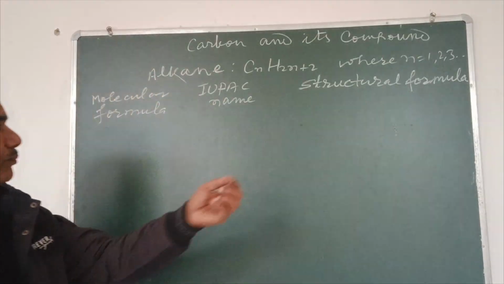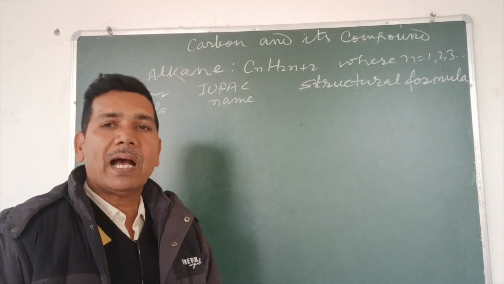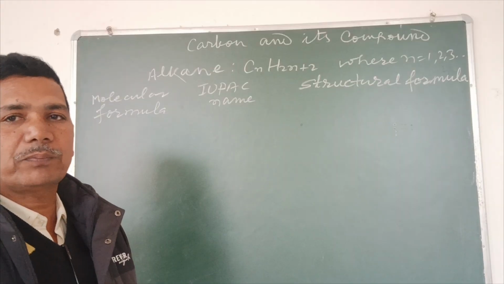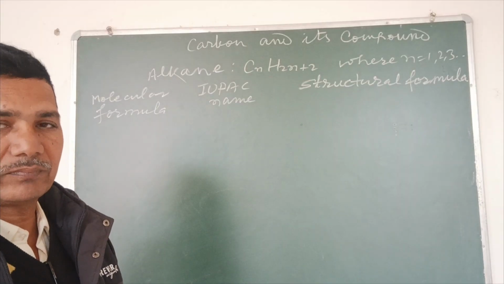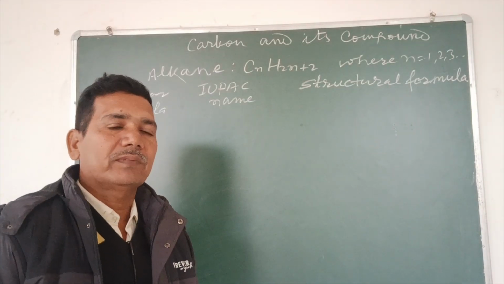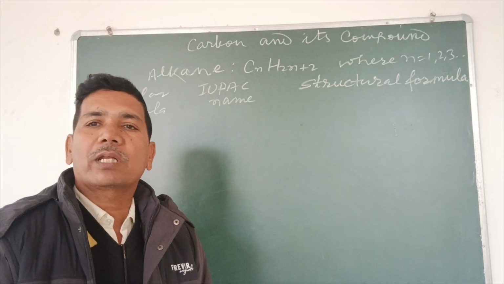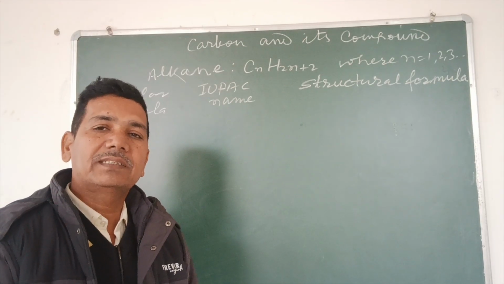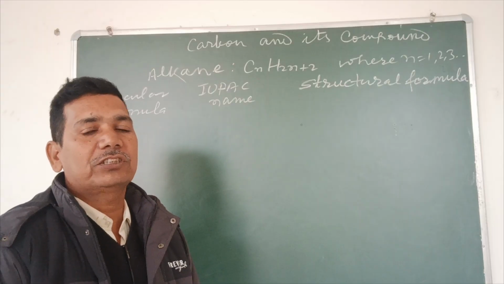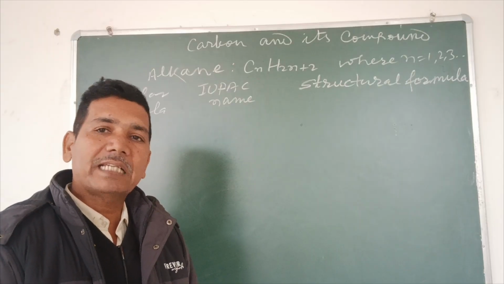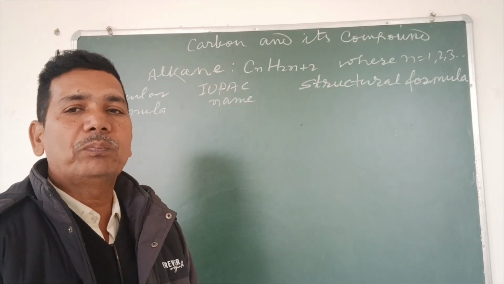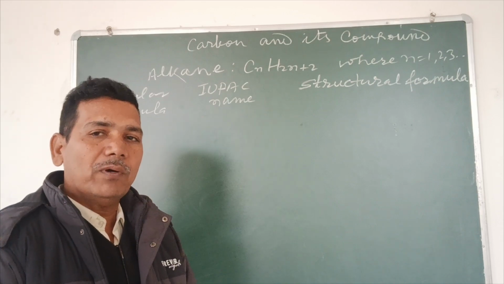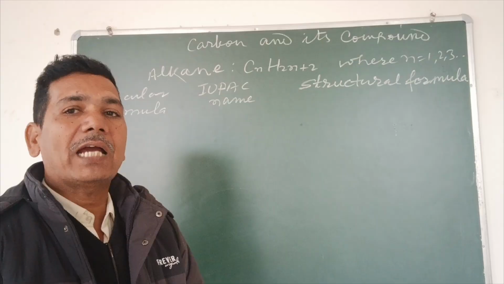The full form of IUPAC is International Union of Pure and Applied Chemistry. These days, the names of organic compounds are decided by this institution. Therefore, the name of an organic compound is called its IUPAC name.